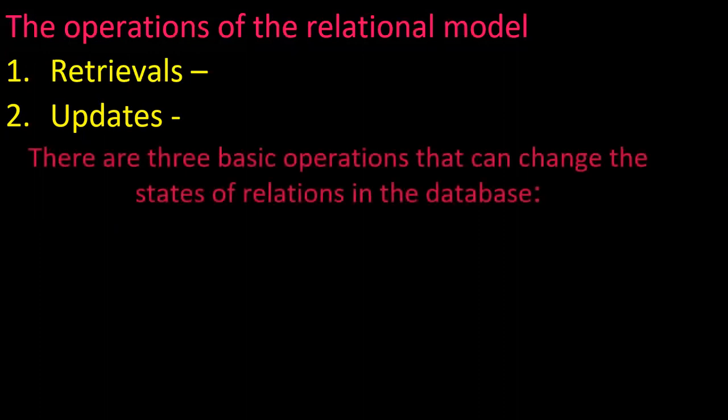The second type is the update operation on relations of the relational data model. The update operation includes mainly three types of basic operations. With the help of those three operations, we can change the state of the relations, that is, the content of the relations can be changed.